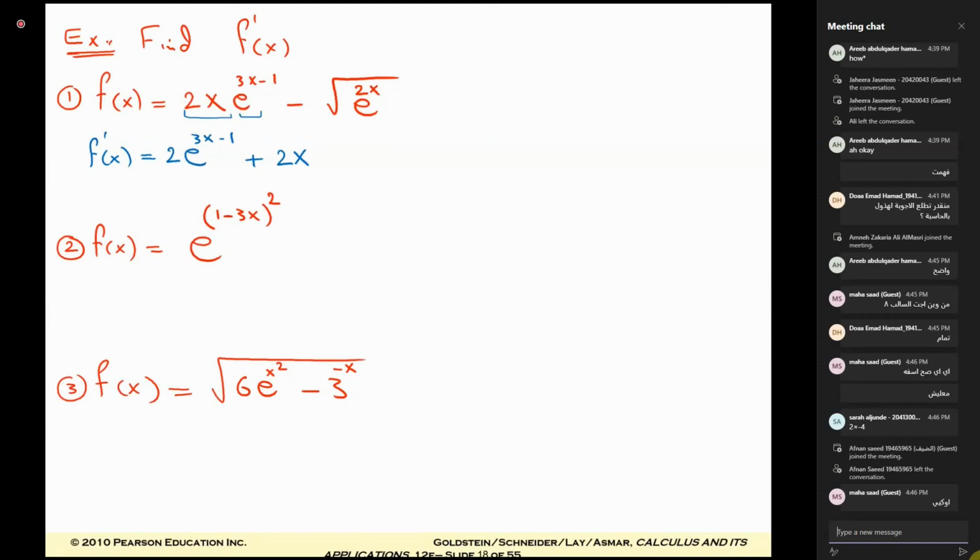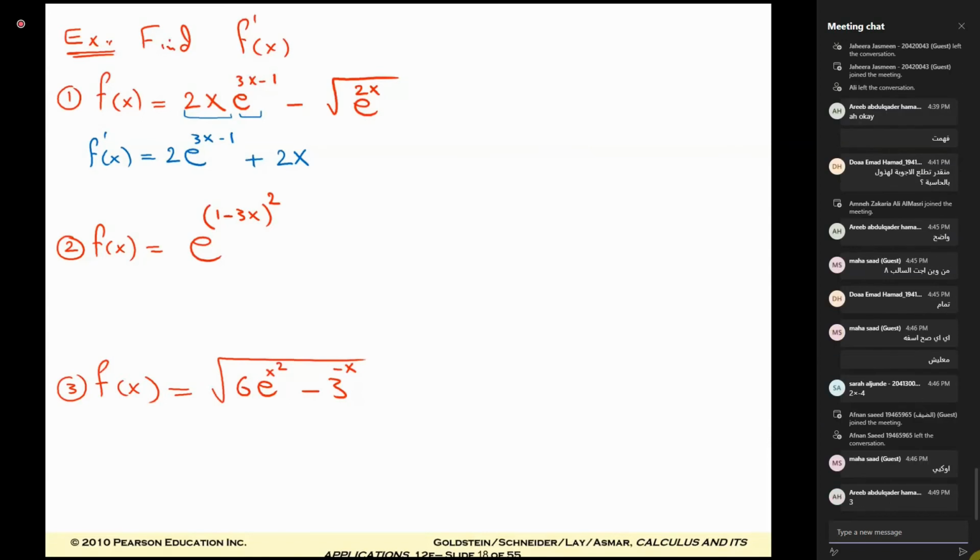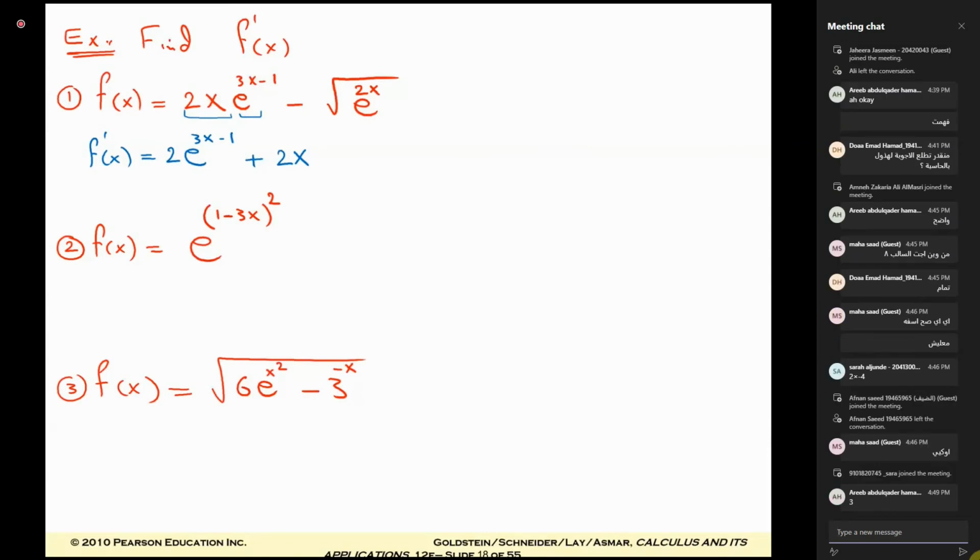What's the derivative of the second? We have an exponential with power 3x minus 1. What's the derivative of the power? It is 3, and we have e to the power 3x minus 1. So this is the derivative of the second, and this is the derivative of the first.